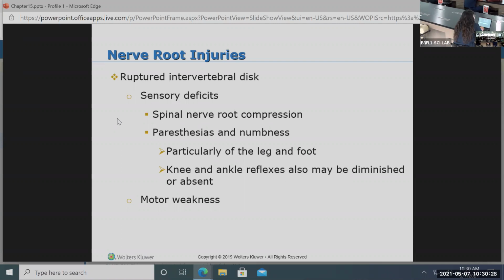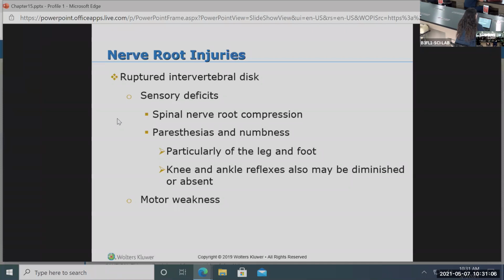It can cause sensory deficit, motor weakness, sometimes pain, spinal nerve root compression, or paresthesia and numbness, particularly of the leg and the foot. And we do have knee reflex or ankle reflexes may be diminished, or in some cases, if it's severe, it is absent.